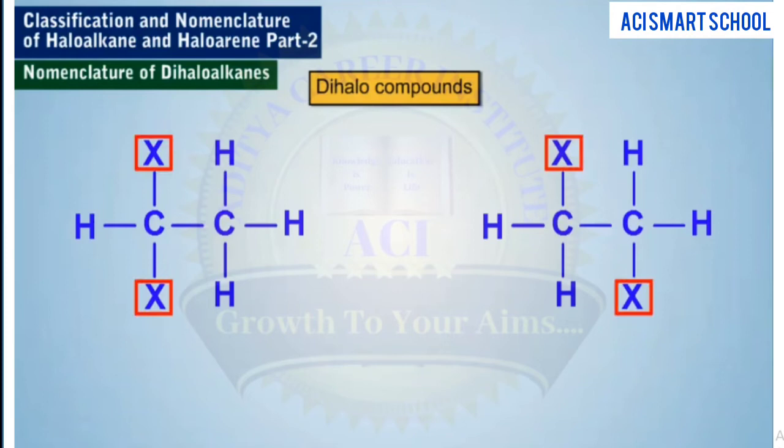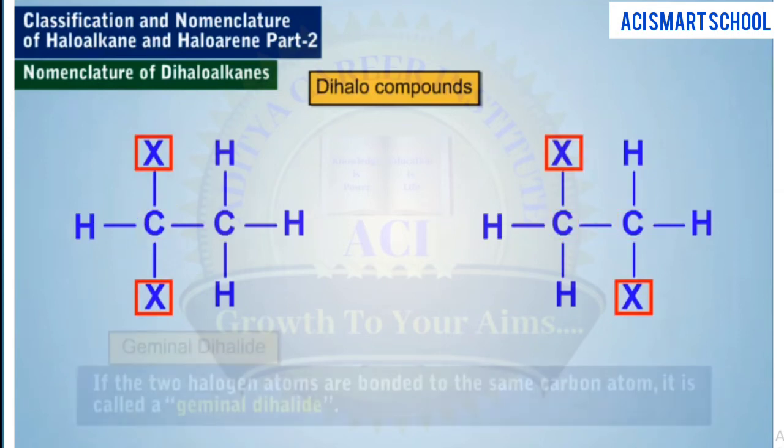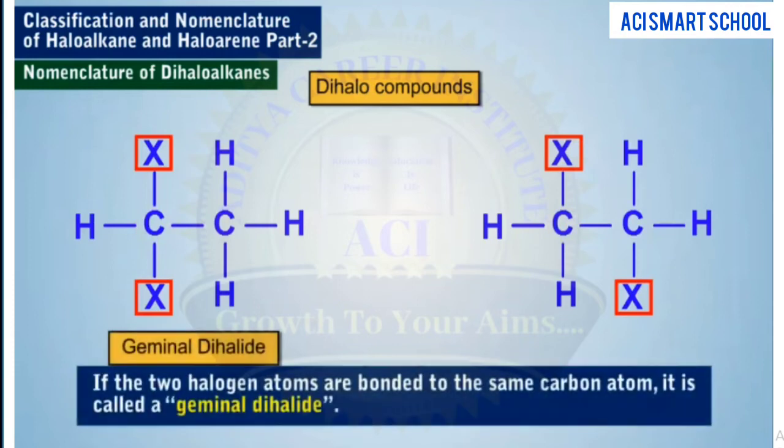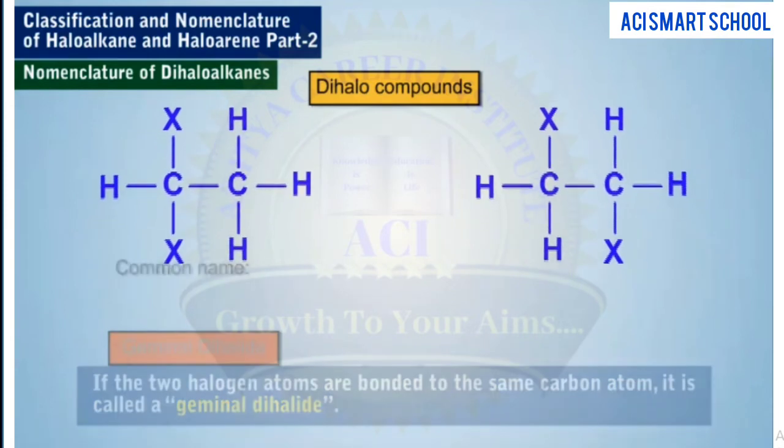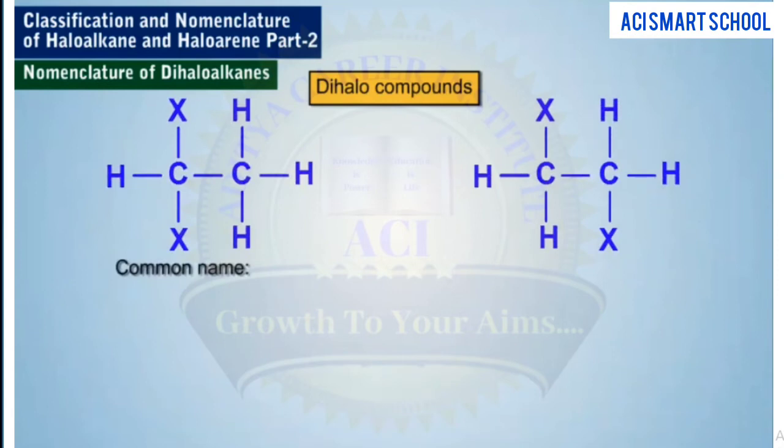Dihalogenated compounds with the same type of halogen atoms can be classified based on whether the halogen atoms are on the same or adjacent carbons. If the 2 halogen atoms are bonded to the same carbon atom, then it is called a geminal dihalide. Geminal dihalides in the common system are called alkylidene halides.